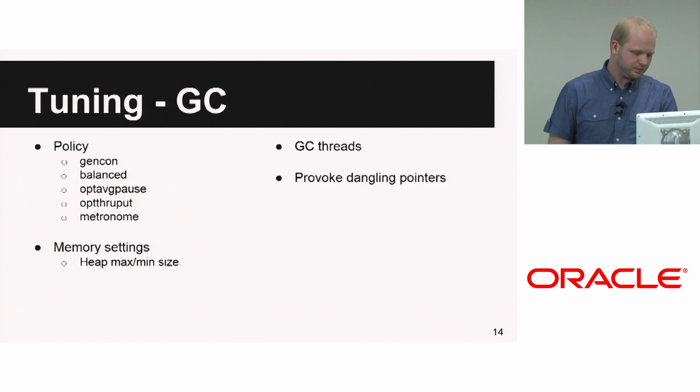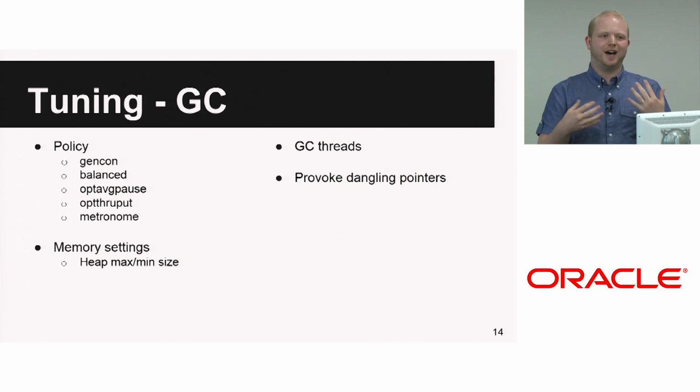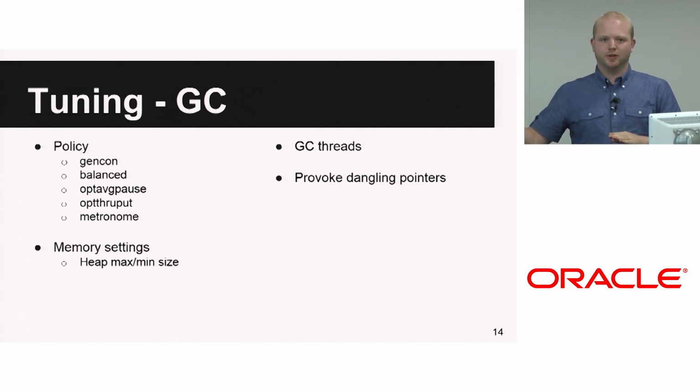We also have some options for provoking dangling pointers, to say, at this point, which is a likely point where I could end up with invalid pointers, I want to run a full GC so that I can hopefully find those in my debugging setting and not out in the field.